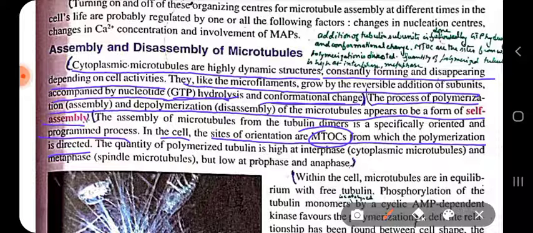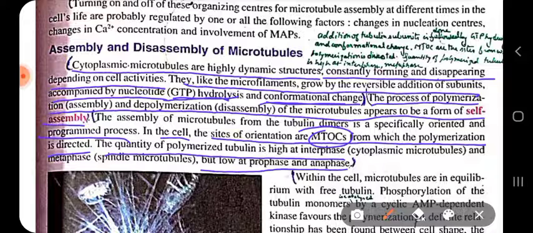Now, the quantity of polymerized tubulin is high at interphase. The addition of tubulin from the minus end to the positive end has a very high rate during interphase but low at prophase and anaphase.